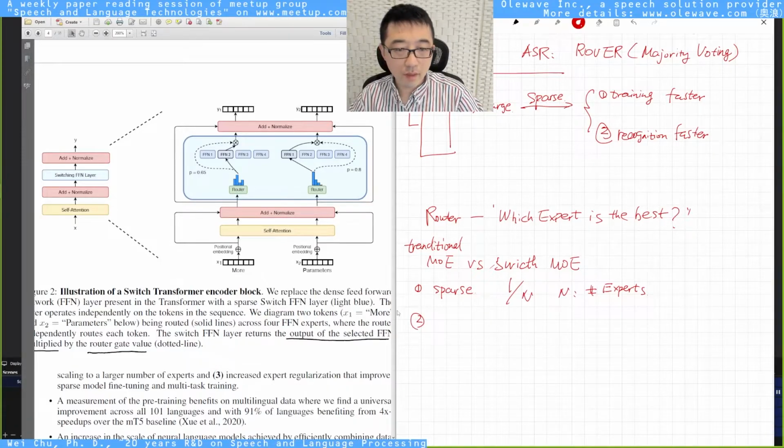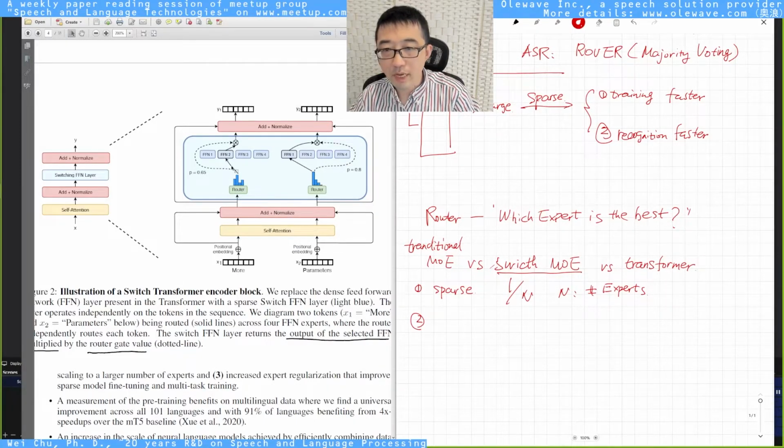And the second thing is that the overall parameters learned in this model can be large. Why? Because if you compare the switch MoE versus a traditional transformer, the traditional transformer doesn't have feed-forward network 1, 3 or 4. It just has one feed-forward network.